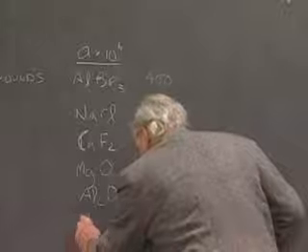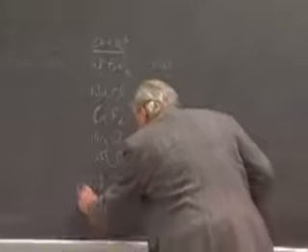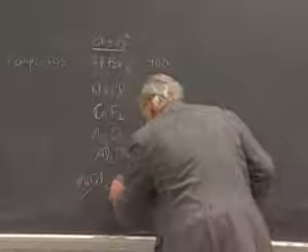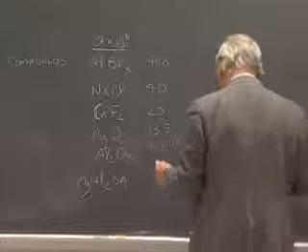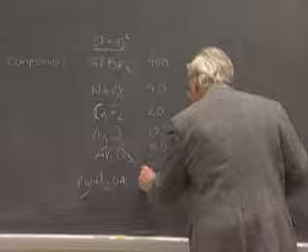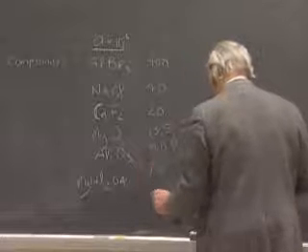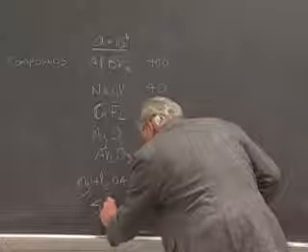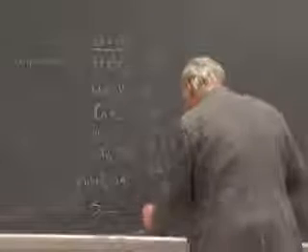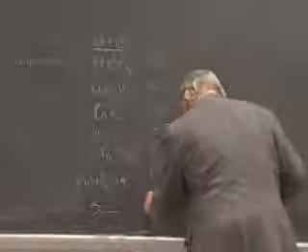Spinel, MgAl2O4 rather. This is representative of all of the ferrites, for example, 7.6. Silicon carbide, a very refractory covalent compound, 4.7.